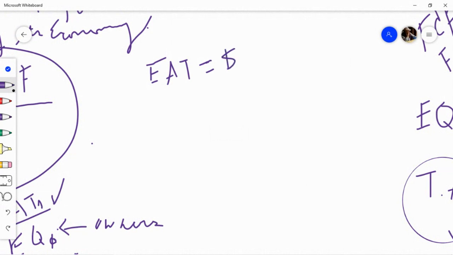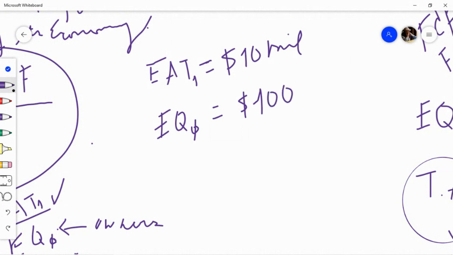If EAT is, let's say, 10 million, and equity at time 0 is 100 million, let's change this to 20 million.